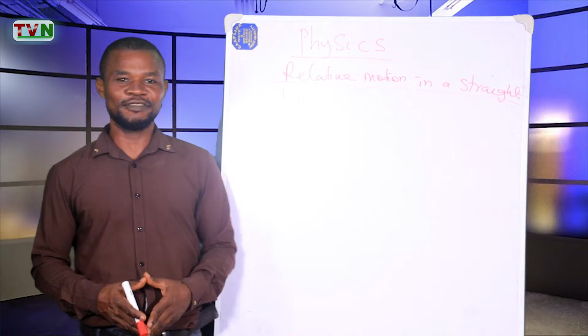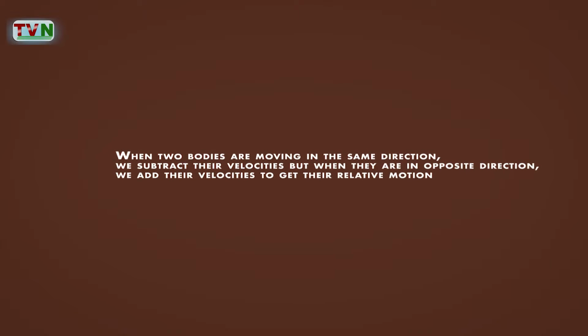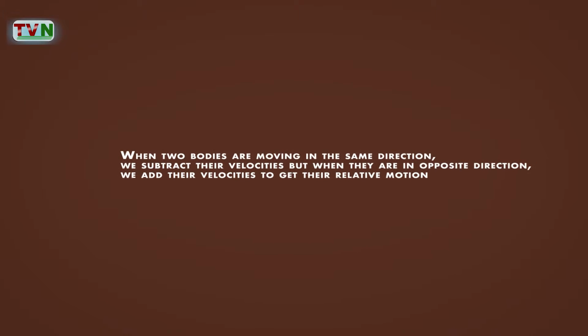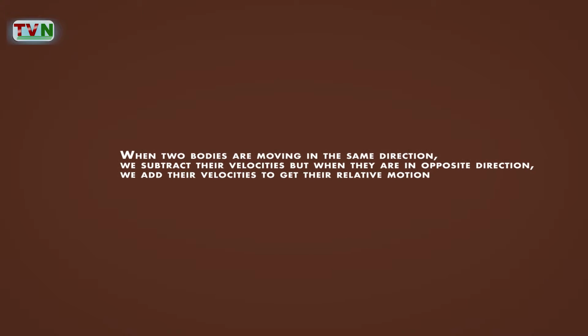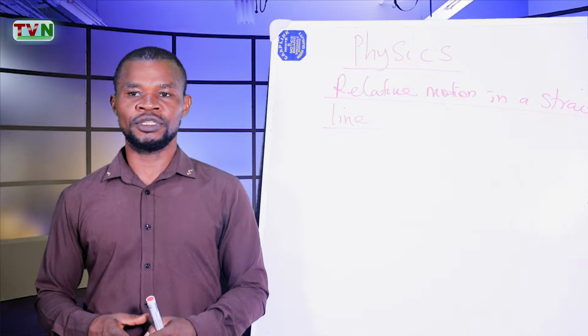Rules in relative motion: when two bodies are moving in the same direction, we subtract their velocities. But when they are in opposite directions, we add their velocities to get their relative motion.